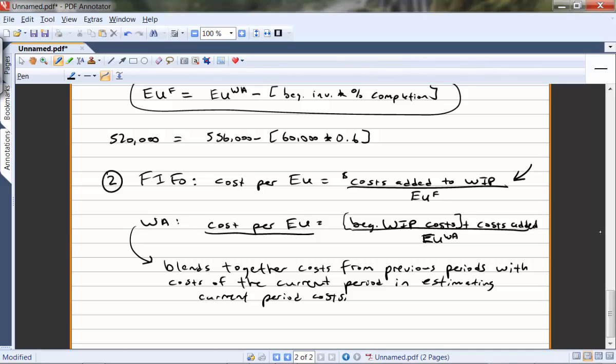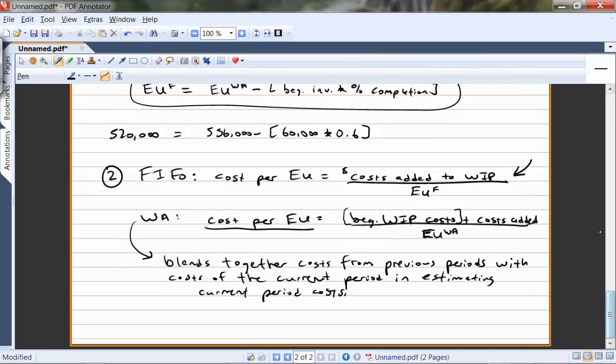If you want to use the word accurate, that's fine. It turns out both methods end up giving really similar answers to the estimate for the cost transferred out and the cost left at the end. Anyway, but if you want to use the word more meaningful, that makes more sense. If I'm a manager, I don't really want to be evaluated based on controlling costs, where costs this period are estimated using last period's costs.